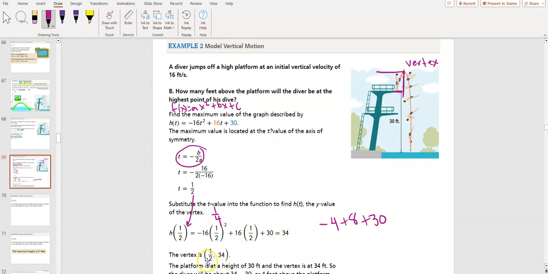So the vertex is at (1/2, 34). That means that at his highest point, he's going to be 34 feet. But when he started, he was at 30 feet. So all we have to do is subtract the two, and we know that he was 4 feet higher than his starting position at his maximum.